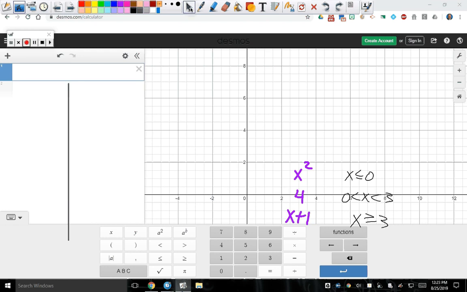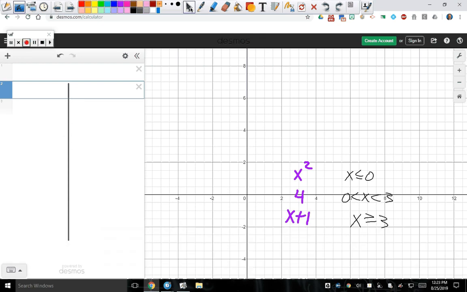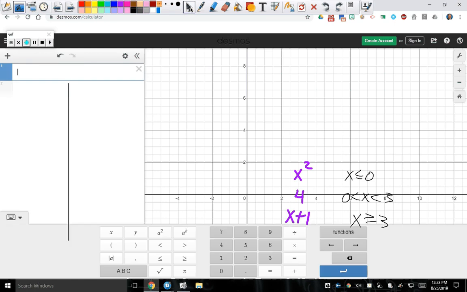Alright, so let me go back to my desk, and we're going to put in those purple functions. So let's go ahead and put x squared.